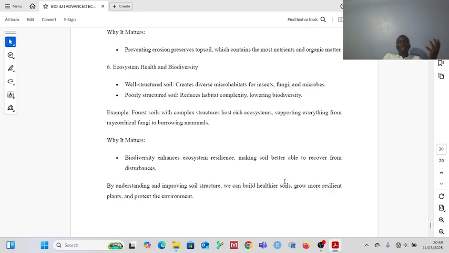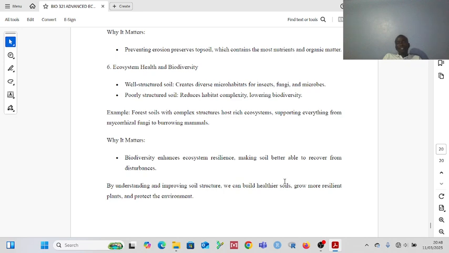So loamy soil has a better structure, but sand soil has a poor structure. So a poor structure reduces the habitat complexity. Not many organisms can grow in a soil that is poorly structured.